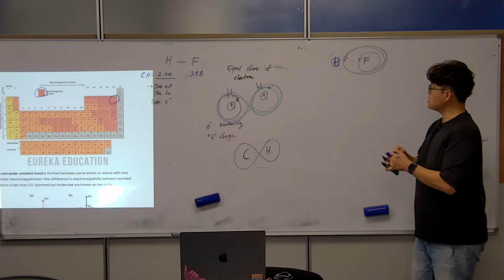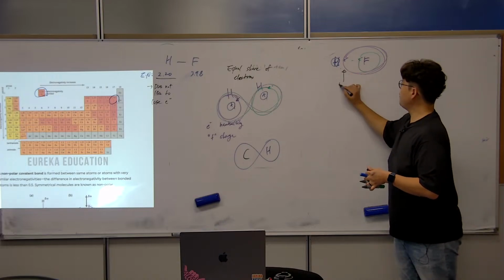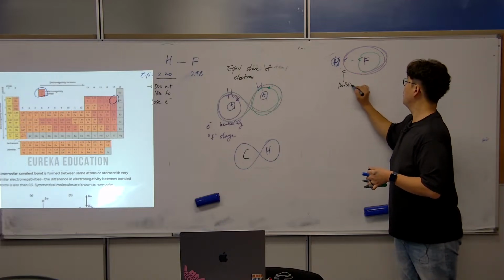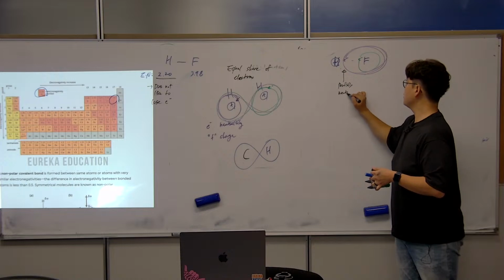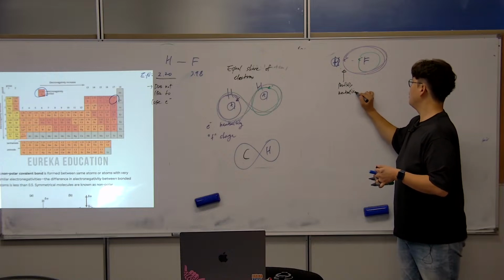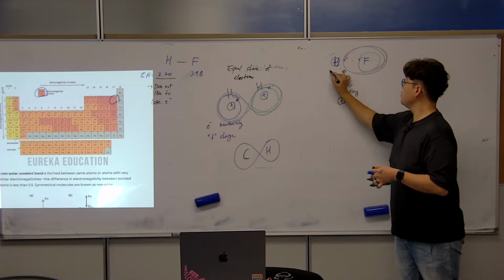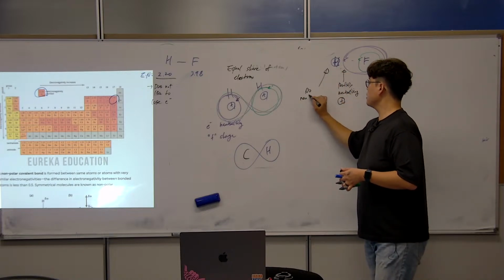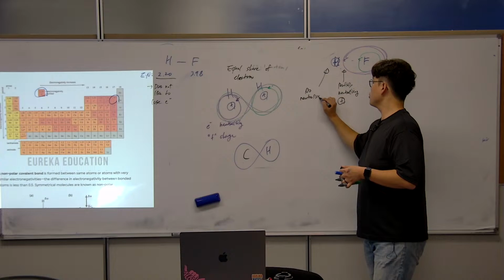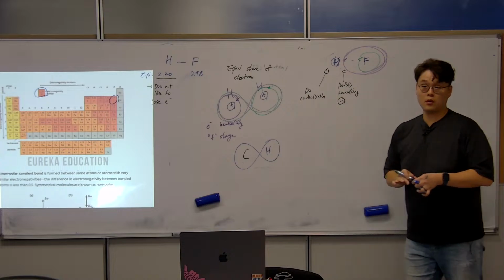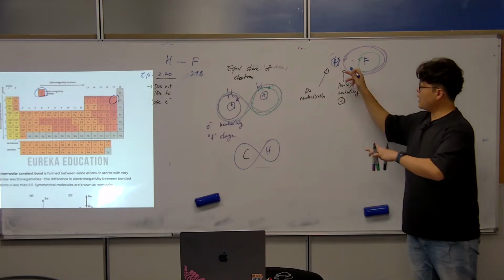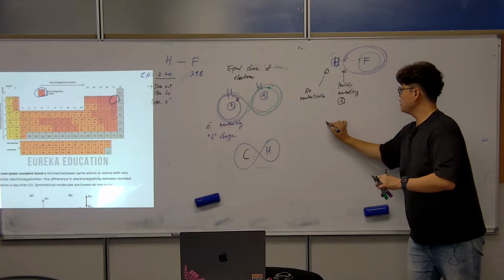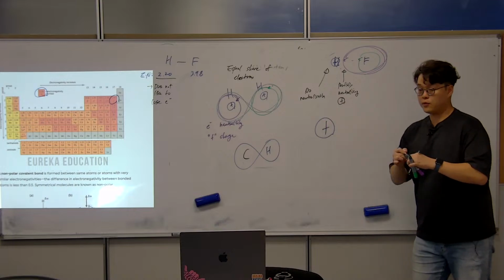What you see there is, this side will be partially neutralizing the positive, but that side has no neutralization at all. So enlarge that, and you will see the plus of the hydrogen.